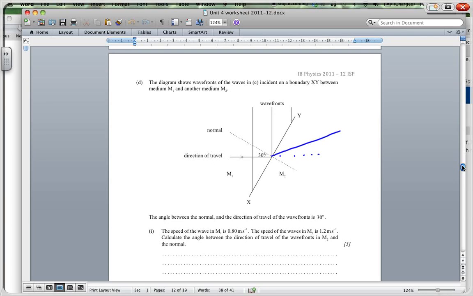Now what happens is that these waves, as they go through, actually speed up. So that will become like this. For instance, this is at 90 degrees, so that's going to be like that. That will be like that, and this will also be like that. So you'd have your new waves being formed like this.